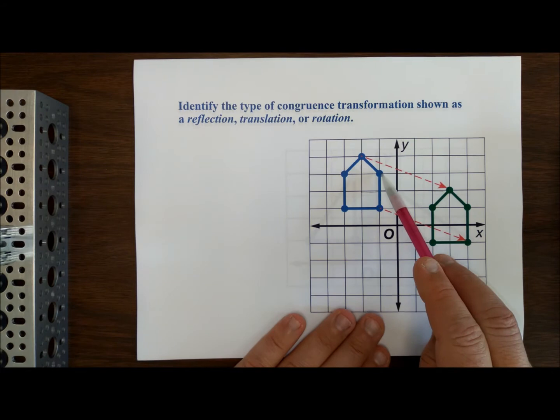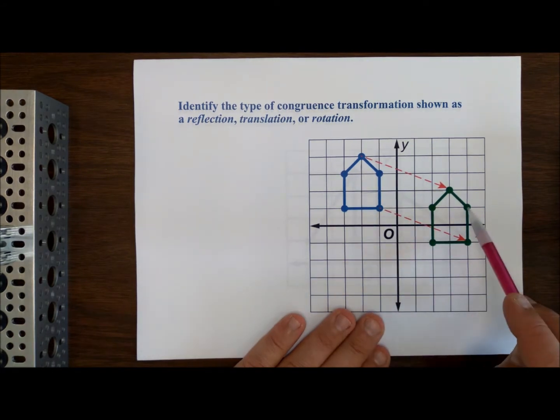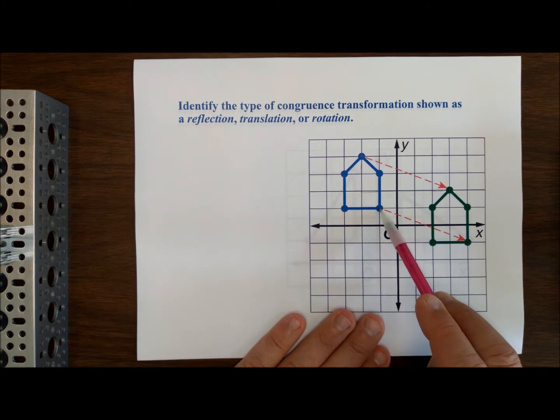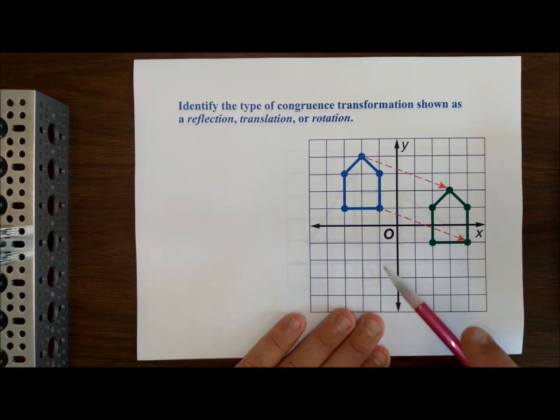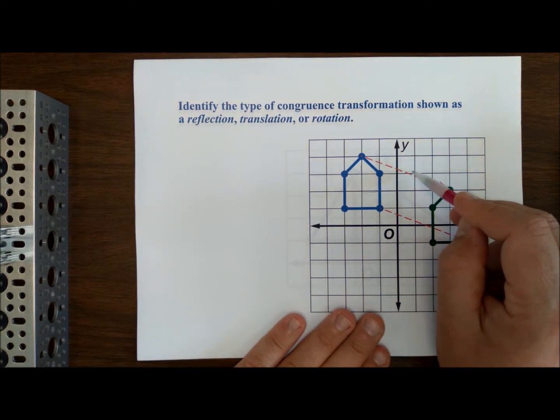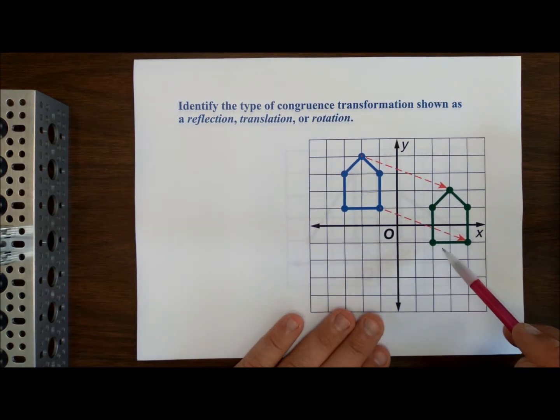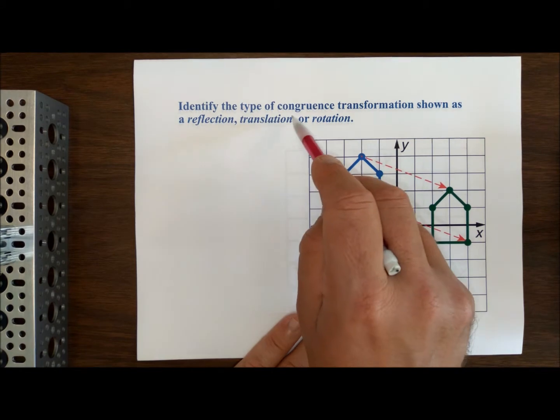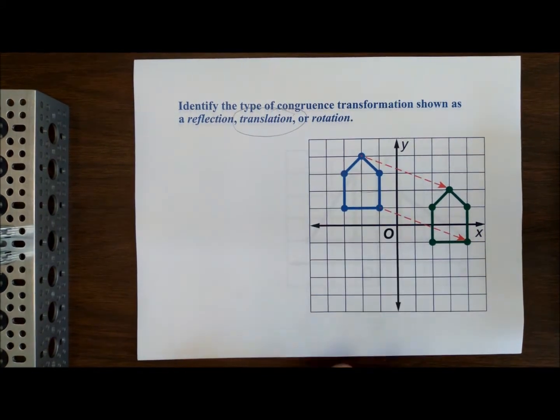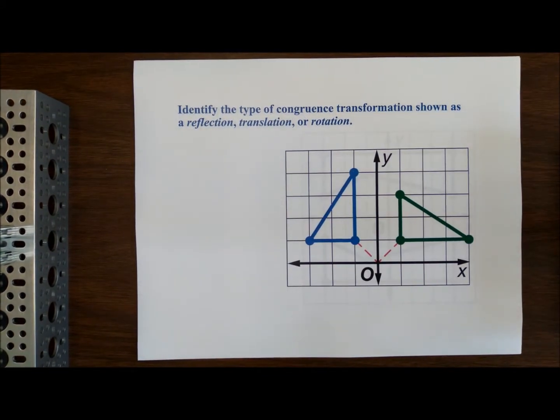We can check it here. This point goes down 2 over 5 to get to its corresponding point in the image, and down 2 over 5. So that's our vector right there. And since every single one of these points is sliding along the same vector, we can say that that is a translation.